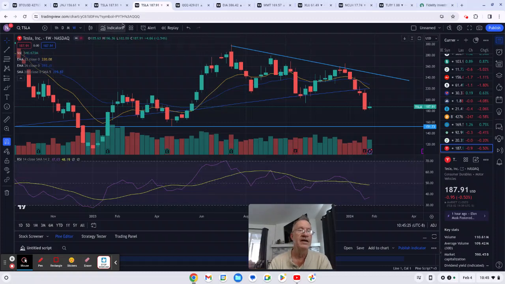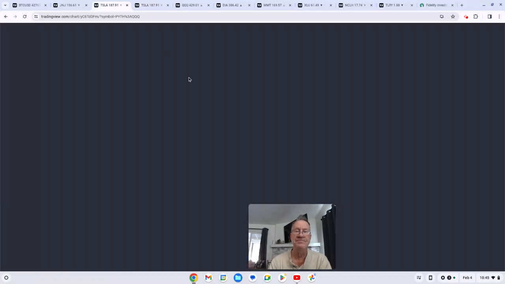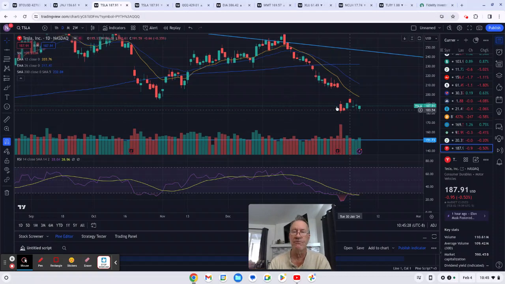Again, that daily time frame, it's just back and forth here. So this is a block of activity that will either break to the upside or break further to the downside.